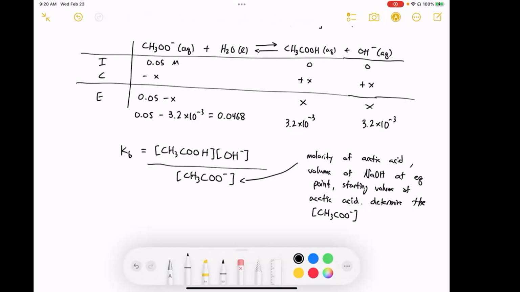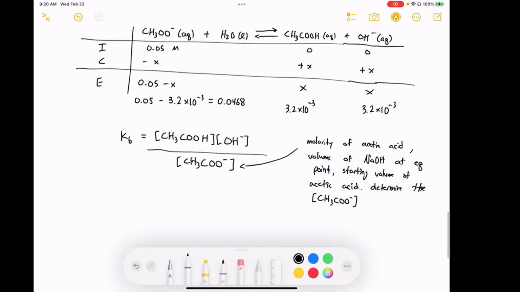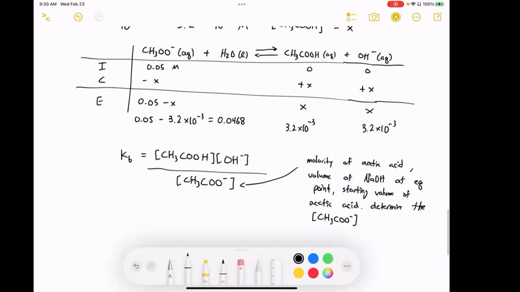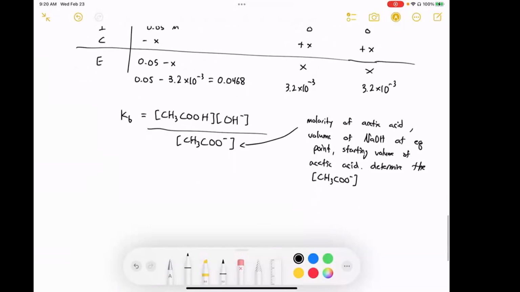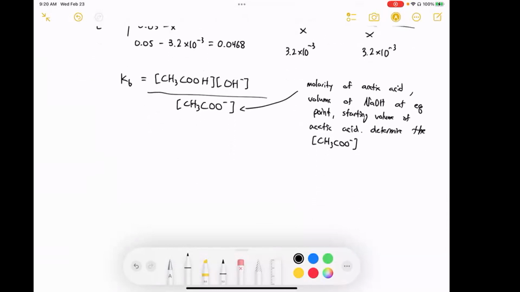So use the molarity of acetic acid and the volume of sodium hydroxide at the equivalence point, where all the moles of acetic acid convert to moles of acetate, and you divide that by the original volume. That's how I got 0.05 molar. But now let's plug these numbers in.